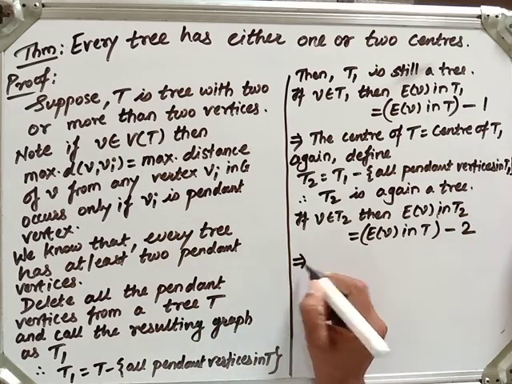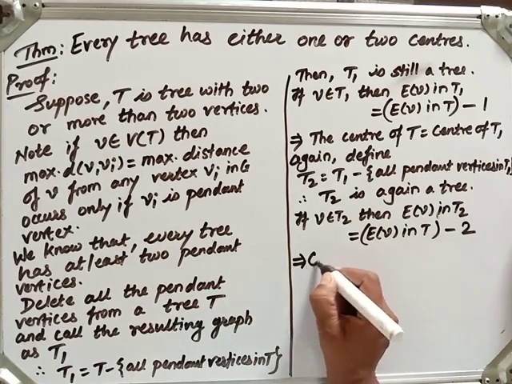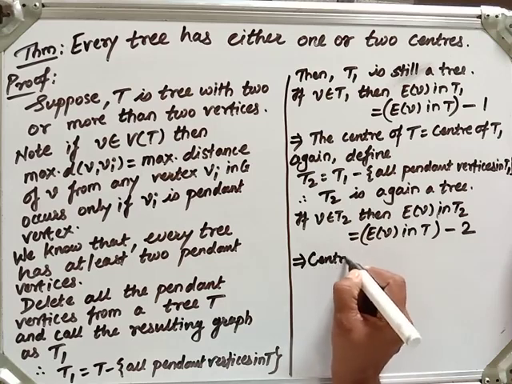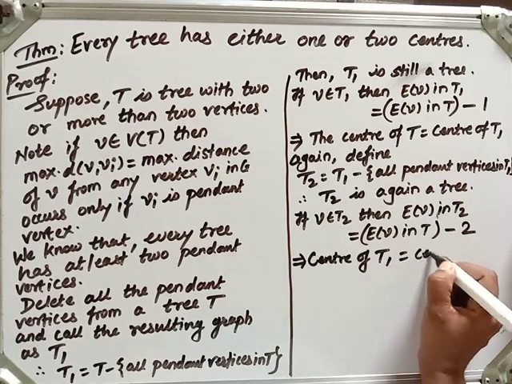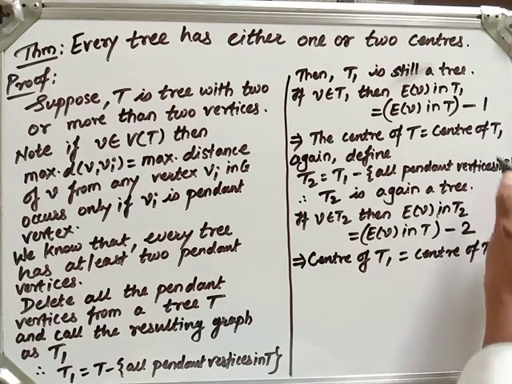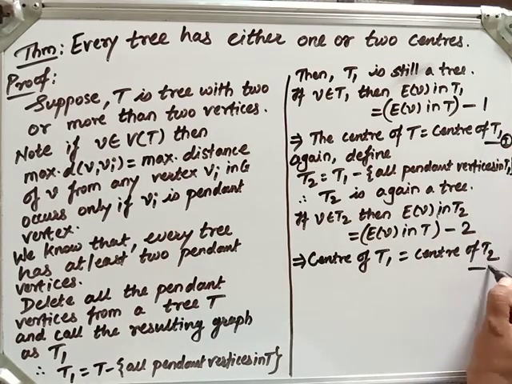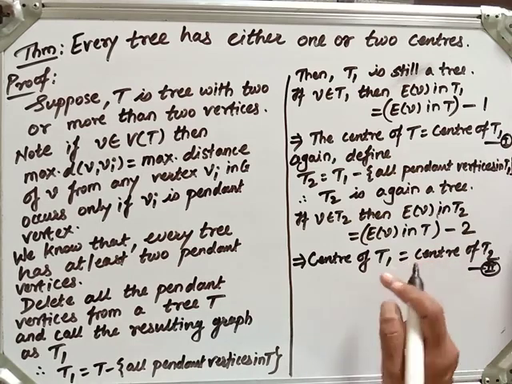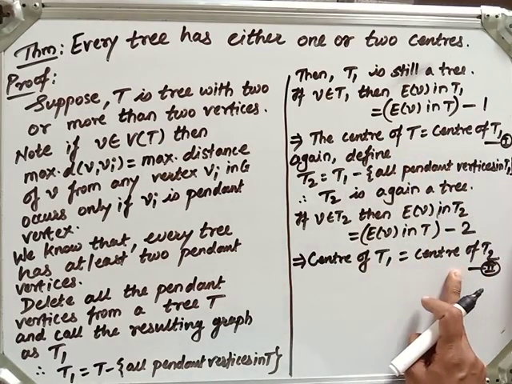But due to that, the center won't change. The center remains the same. Therefore, the center of T1 is the same as the center of T2. Let it be 1 and this be 2. From 1 and 2, what we see? The center of T, the center of T1 and the center of T2 are all the same.